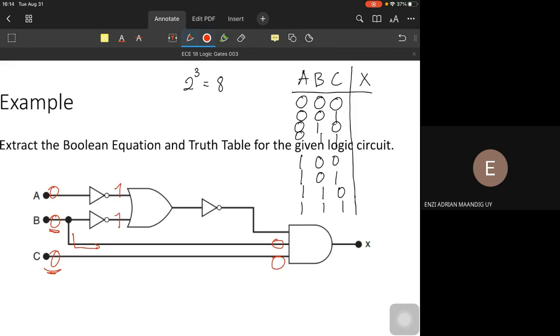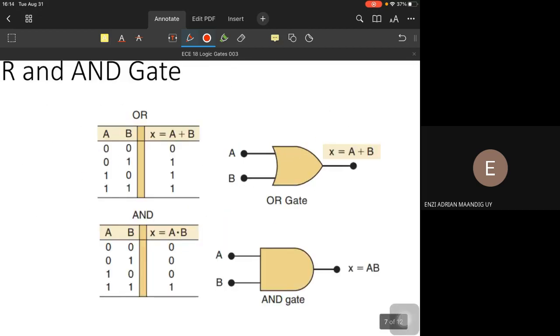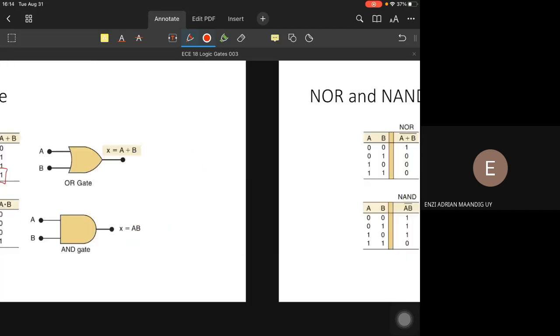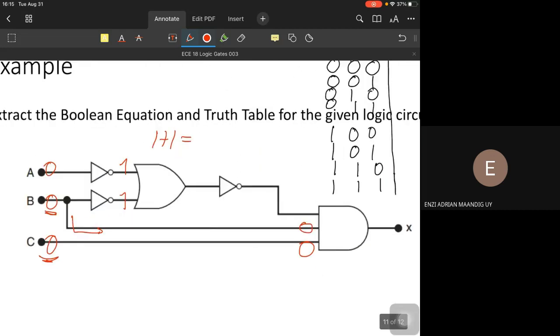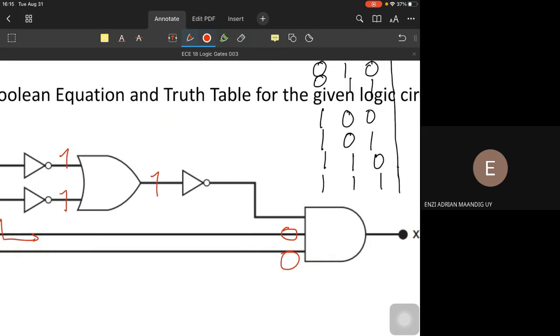So what is 1 OR 1? 1 OR 1 is 1. So it is 1 here. Then the inverse again gives 0.